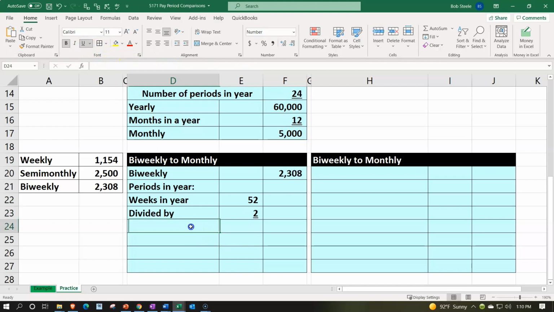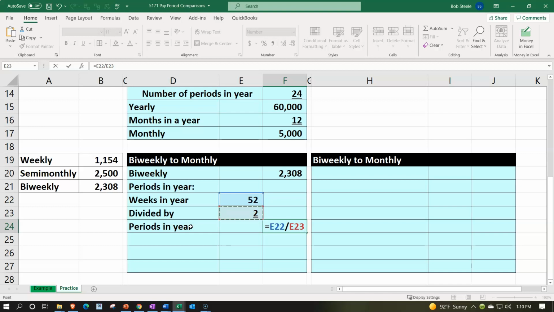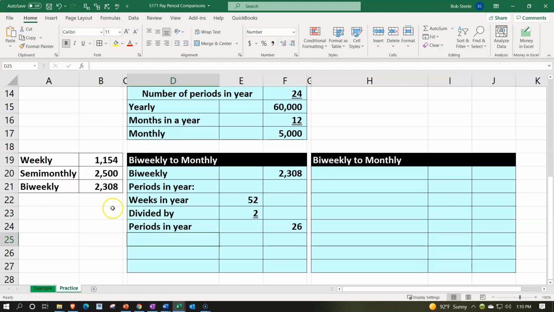So if there's 52 weeks in a year and we get paid every 2 weeks, then we have the periods in a year, which are going to be equal to the 52 divided by 2. And you'll note we get 26 instead of what we got with the semi-monthly, which was 24. So when you're thinking semi-monthly, you're thinking 12 months times 2 because we forced 2 periods per month.